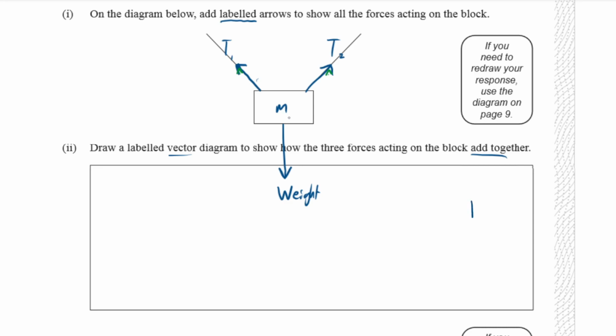So let's start with weight. That's our weight force. So to the head, let me just color code this. So this will be T2 will be green, T1 will be red. So to the weight force, we will add T1, something like that, and to T1, we will add T2.